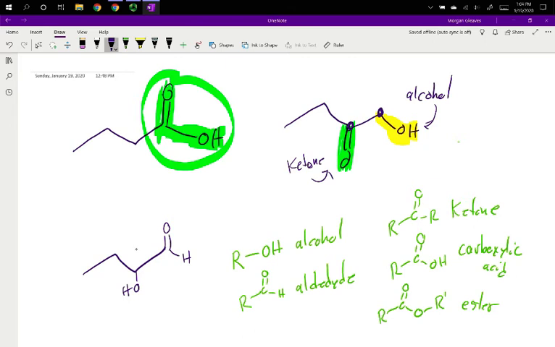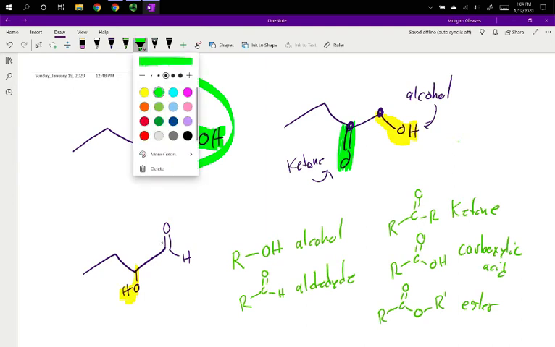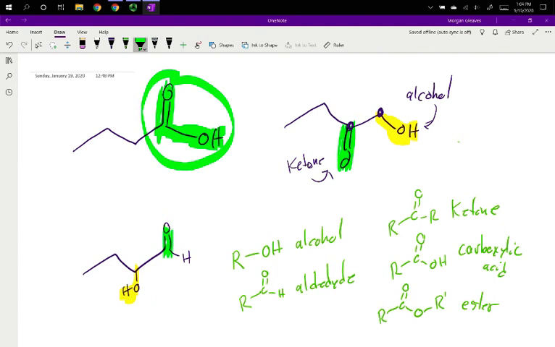And if we look at our last one here, again, we have a carbon, oxygen, hydrogen, and we have a carbon double bond oxygen, but they're not on the same carbons. And again, that doesn't match any of our functional groups. None of our functional groups have things spread out over two carbons so far.